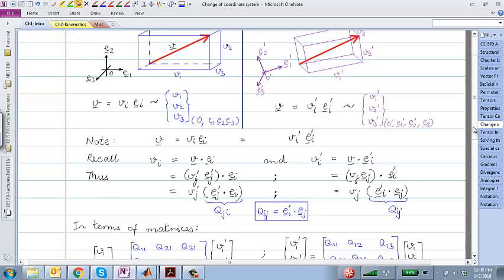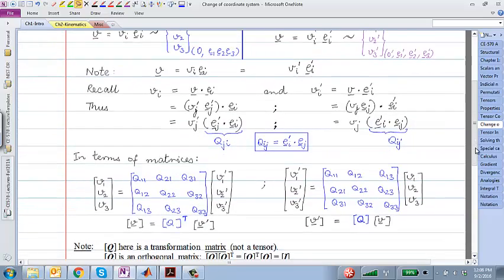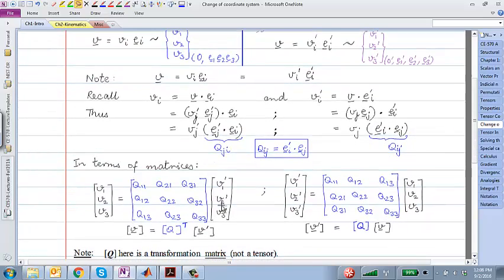numbers. And this operation itself can be represented very nicely in the matrix form as I've laid out here. So if you look at this, qji, I can also write that as q transpose ij. Do you agree? qji is nothing but q transpose ij.